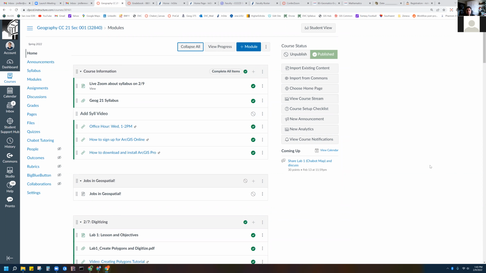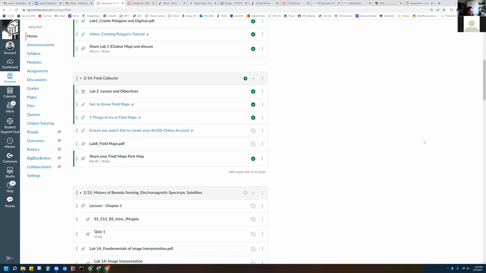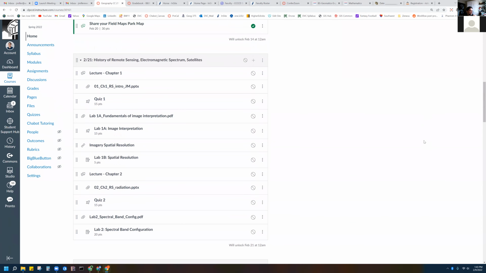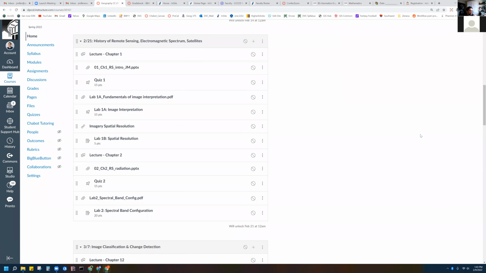We're going to stick to a week by week situation. The thing about it is, week by week in terms of assignments due, not necessarily week by week module, because some modules will have 2 labs. Like here, for example, history, remote sensing, and satellites, I've actually got 3 labs planned. 1, 2, 3, right?